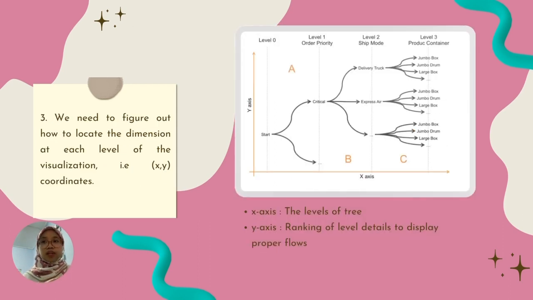So next, we need to figure out how to locate the dimension at each level of the visualization, which is the XY coordinate. The x-axis is the level of the tree that we want to create, and the y-axis is the ranking of level details to display the proper flow.